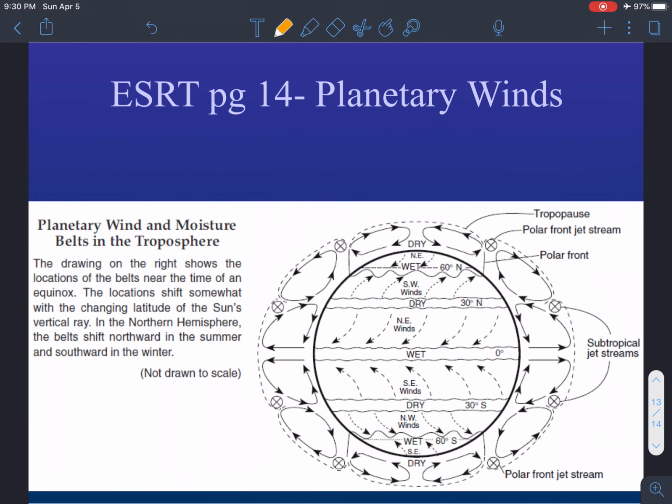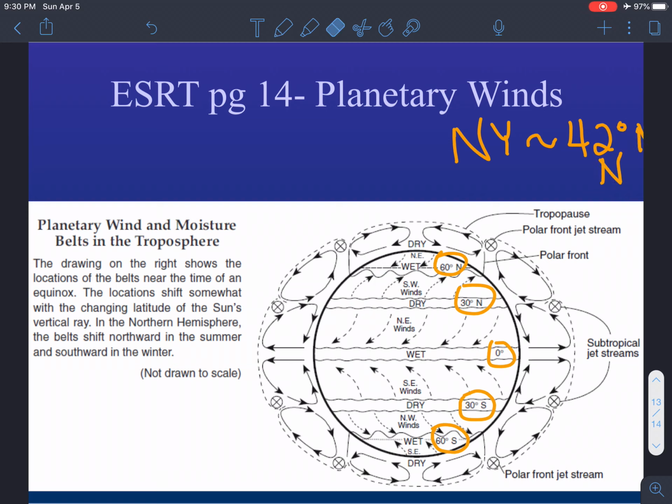Okay, so I want you to take a second and I want you to look at the latitudes in your reference table, and I want you to figure out where New York would be located. So what latitude is New York? If you recall, New York is approximately 42 degrees north.